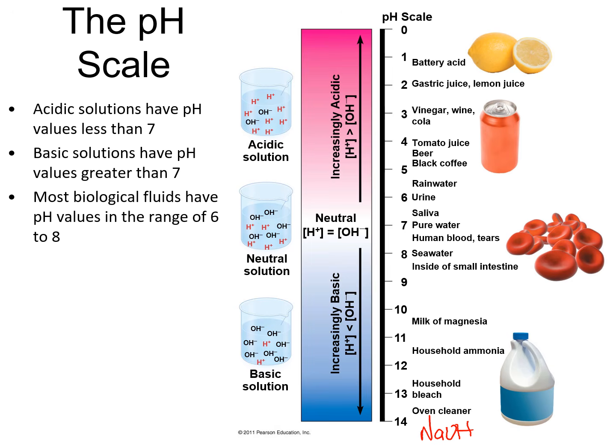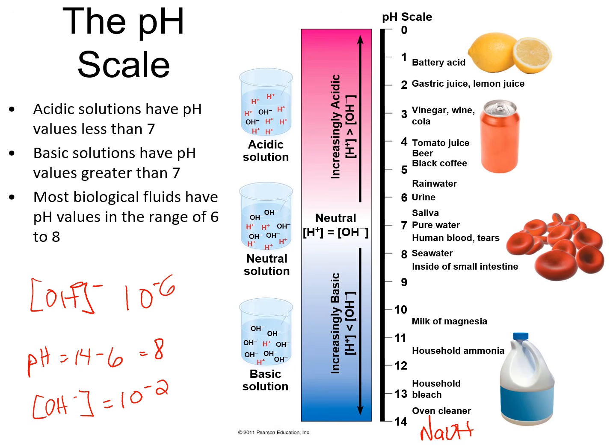If I give you, let's say, the hydroxide ion concentration is 10 to the minus 6, all you have to do to figure out the pH of that solution is to take 14 and subtract 6. So the pH of the solution is going to be 8. If I give you a hydroxide ion concentration of 10 to the minus 2, then that means the pH is going to be 14 minus 2, and it's 12.